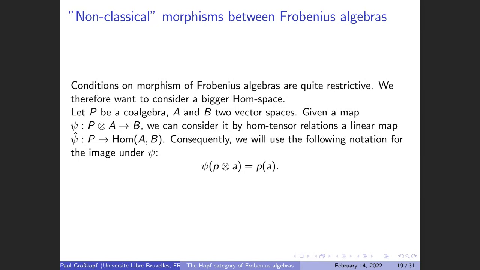So particularly the way of looking at that is if I have a coalgebra and I have two vector spaces and I have a map that goes from P tensor A to B, by the Hom tensor relation, I can consider that just to be a map from P to the homomorphisms from A to B. So instead of looking at just homomorphisms from A to B and specific relations, I want to look at subspaces of my homomorphisms, and particularly I want to have a coalgebra structure in it.